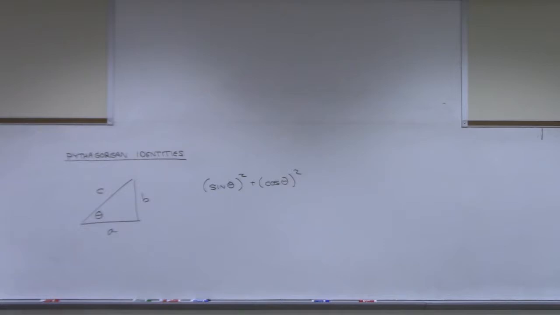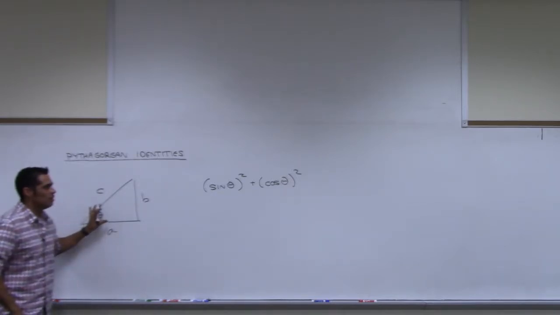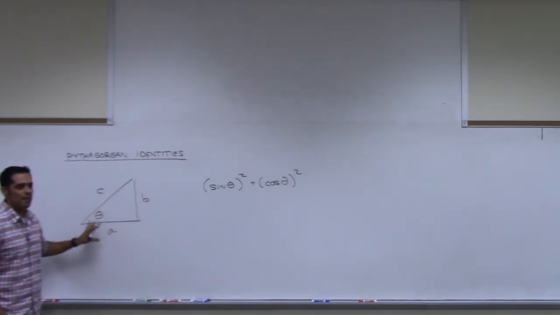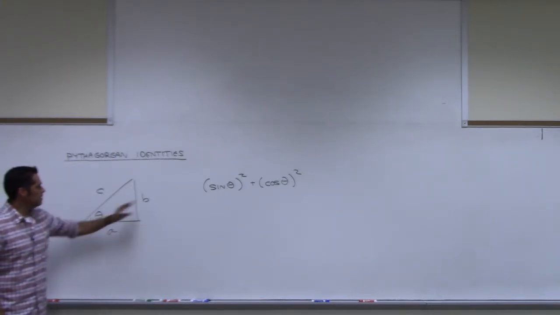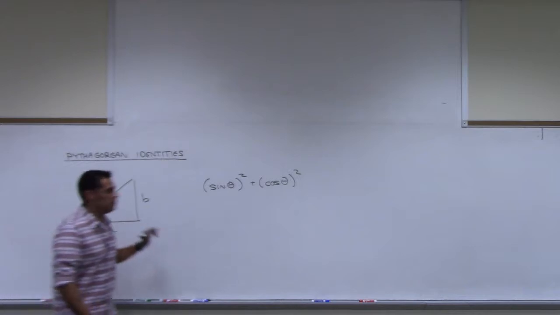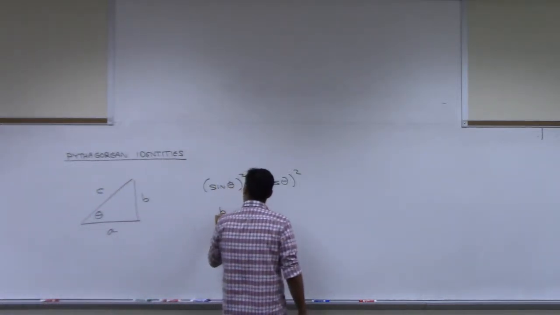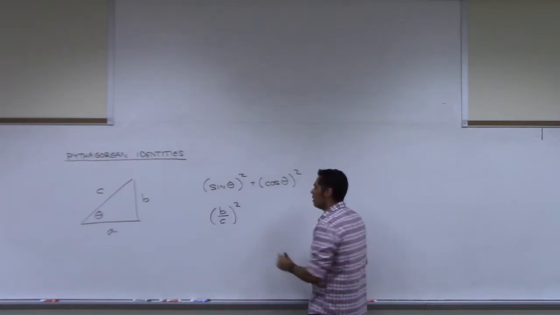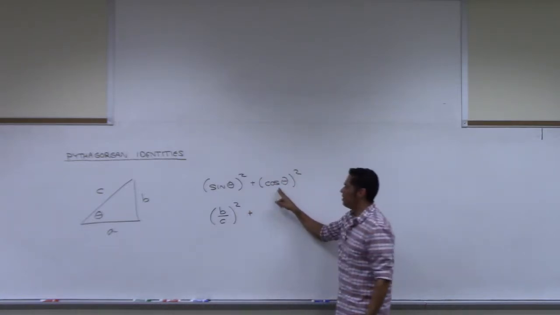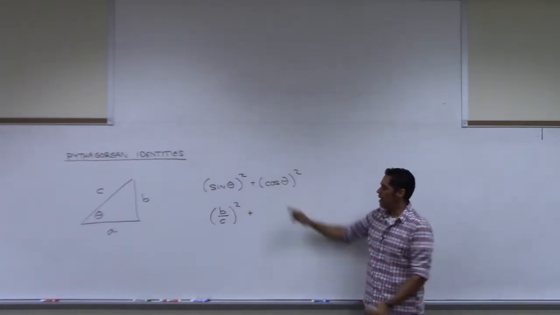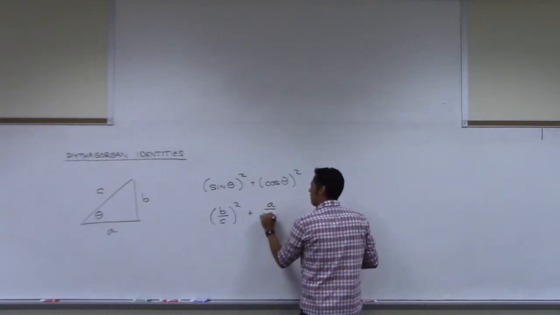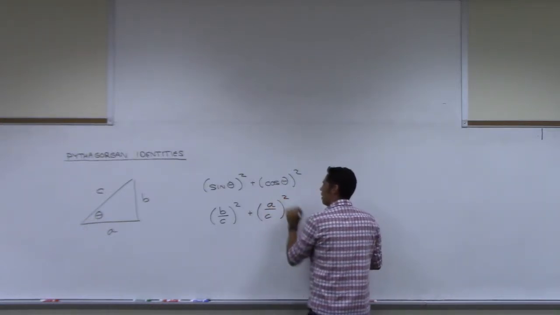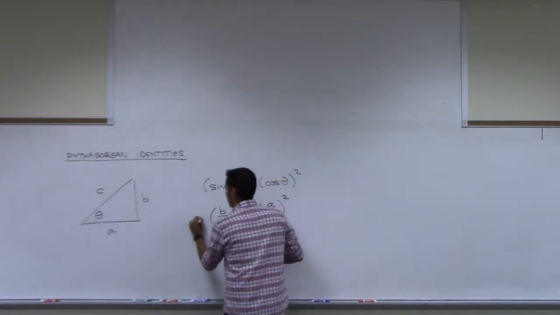So from our picture, what is sine of theta here? B over C, right? Agreed? Then I'm going to square it, plus cosine theta, which is A over C, and then I'm going to square it. What is this equal to?